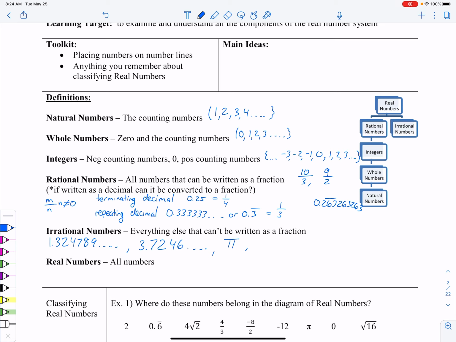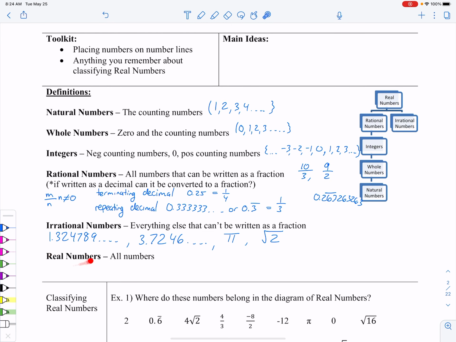It can be square roots. If you put the square root of 2 into your calculator, you would have a screen filled with decimals. Now you have to be careful with roots because sometimes, let's say you had the square root of 4, that would be 2, so that would actually be a natural number. If you're ever given a square root, you always have to check it in your calculator, or maybe you know them by heart, to make sure where they fall.